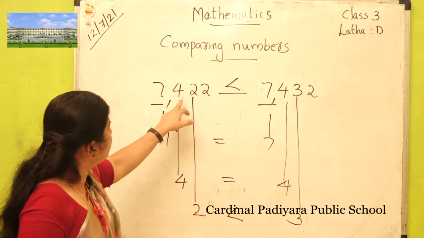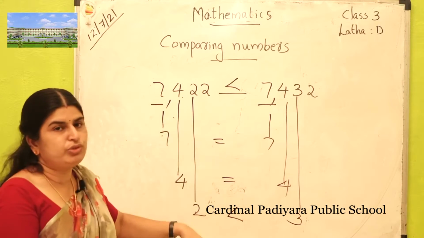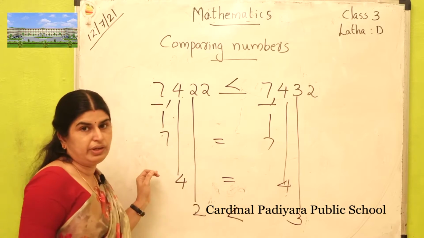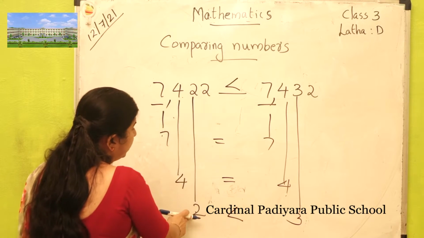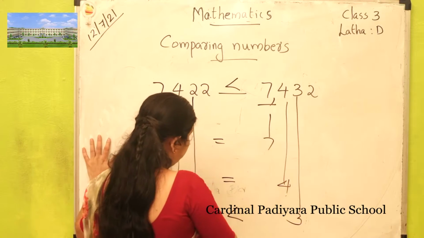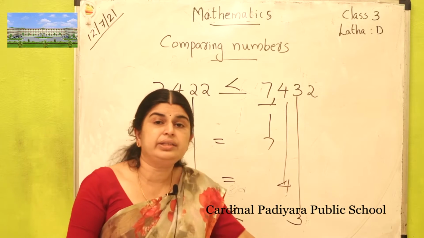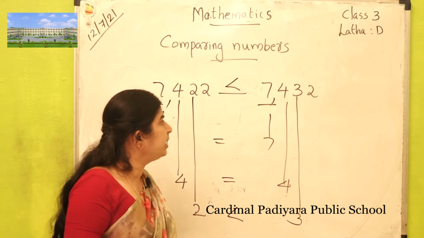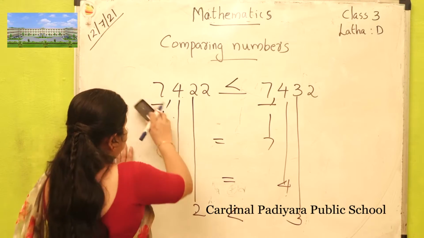If this is equal, we move to the next digit 4. Then this is also equal. Then we move to the third digit. Here 2 and here 3. 2 is less than 3. Therefore, 7422 is less than 7432.